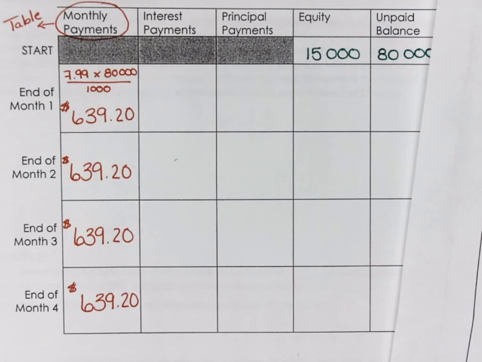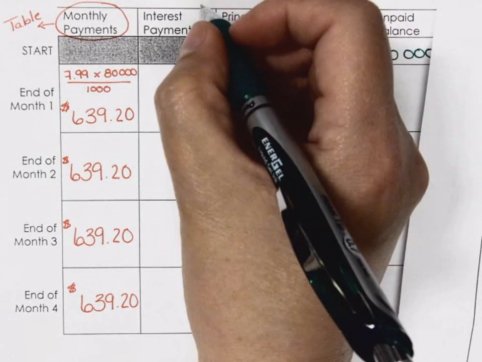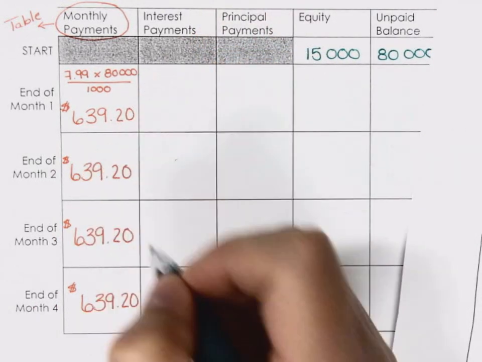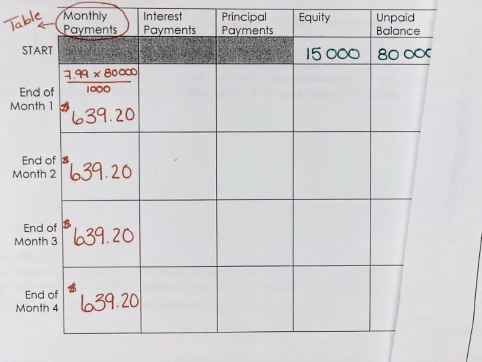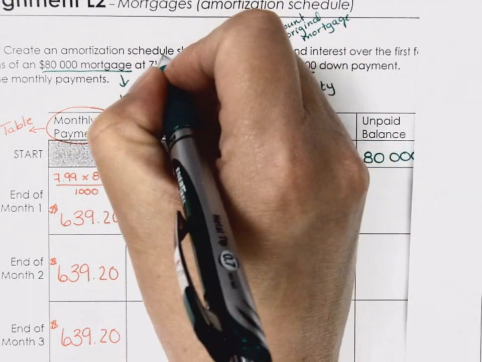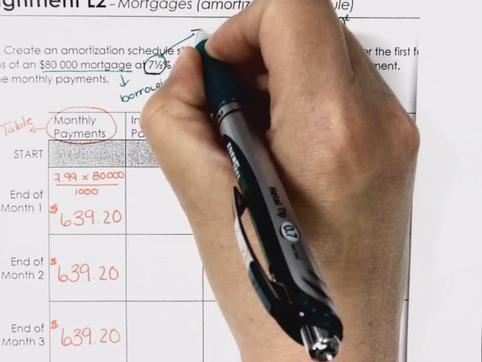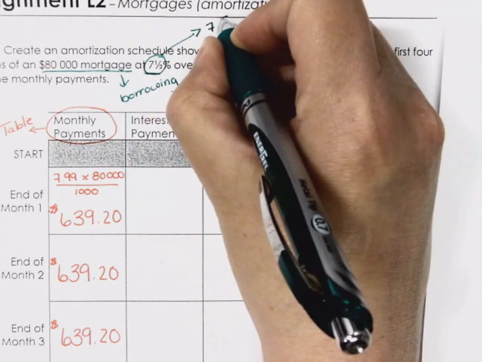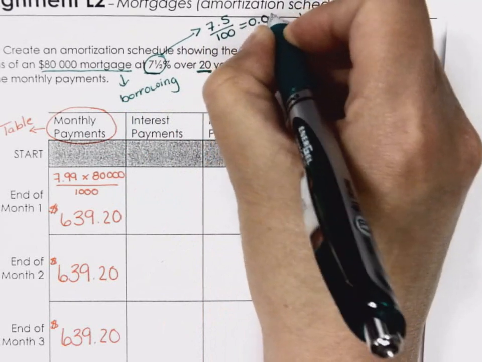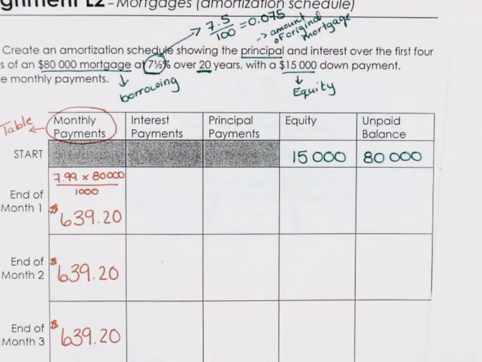This is also from yesterday. For the interest payments, we are going to take what we borrowed and times it by the interest that we paid. So I'm going to go back up here to 7.5%, and I have to convert that into a decimal. So 7.5 divided by 100 is 0.075.